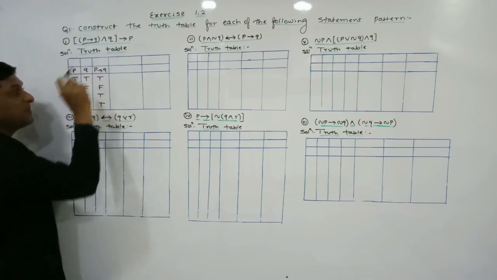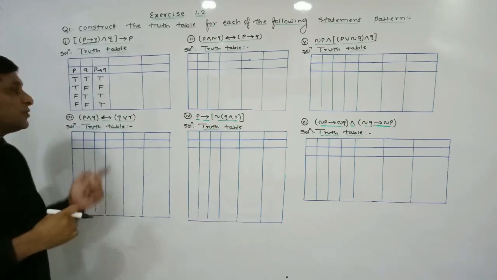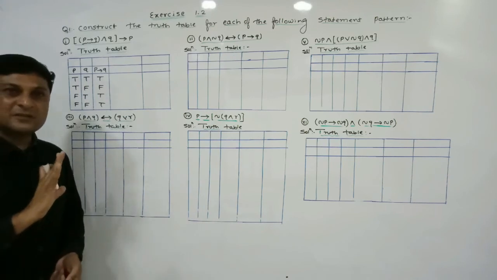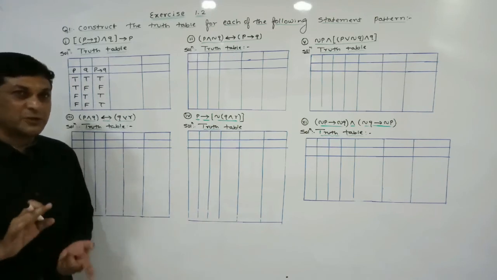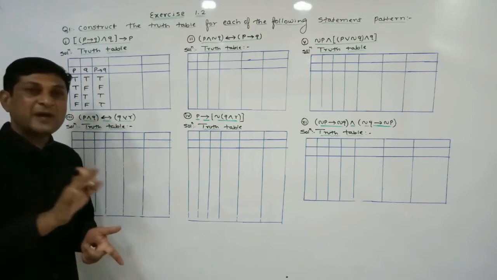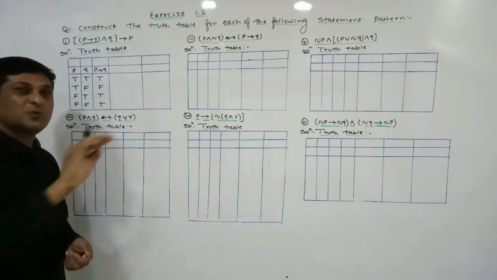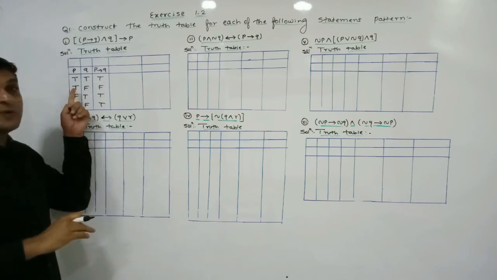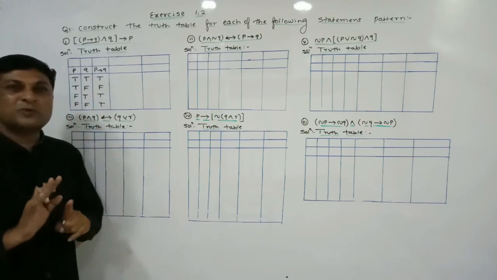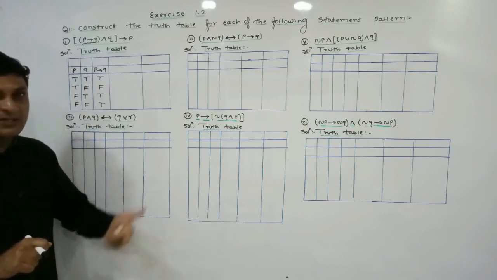And in case of implication, if the first statement is false, it is not necessary to observe the truth value of the second statement. Directly we can say that the truth value of implication will be true. Getting it? Because we know that implication is false only if the first statement is true and the second is false. If the first statement is false, there is no need to see the truth value of the second. Directly we can say that implication is true here.